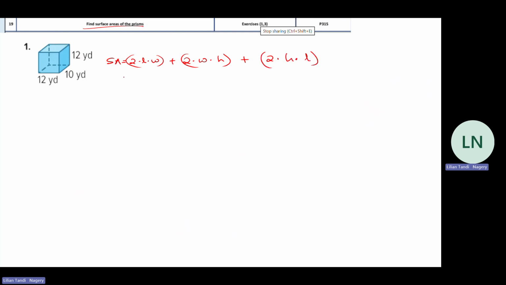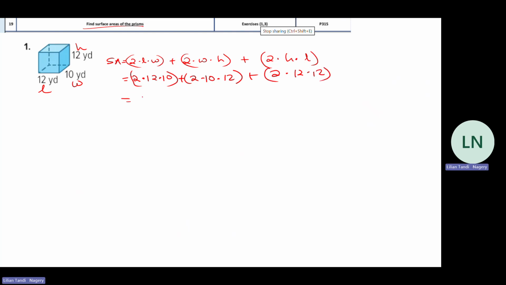Okay? So then you put your values. This is your length, this is your width, this is your height. This is 2 times 12 times 10 plus 2 times 10 times 12 plus 2 times 12 times 12.